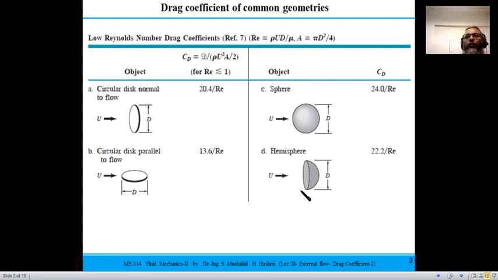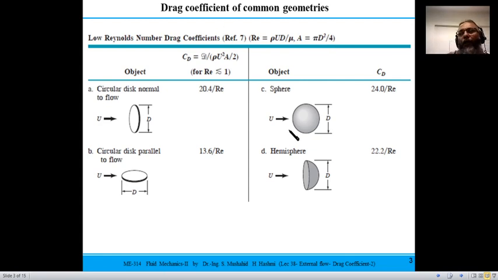Here the Reynolds number is defined with the free stream velocity, and A is the frontal area, where the characteristic length is the diameter. So for all these geometries, the area is calculated as pi by 4 d square.